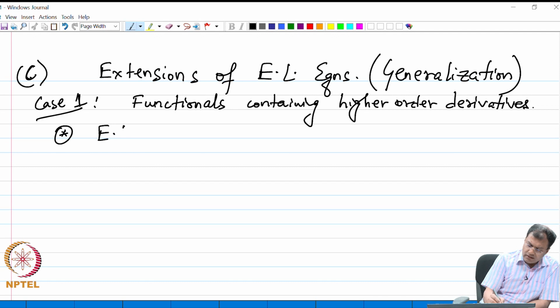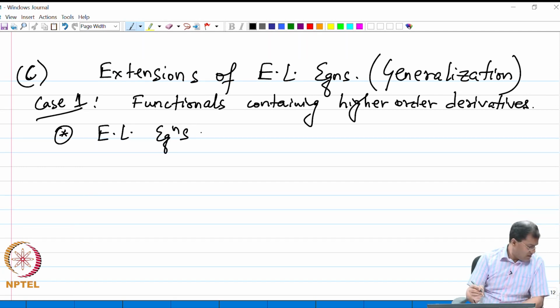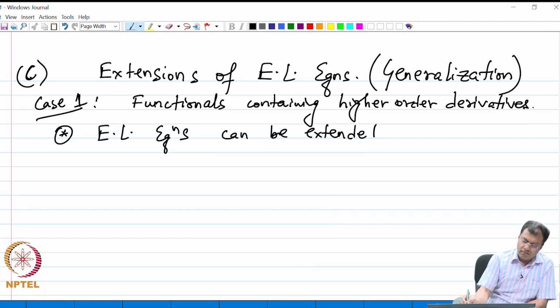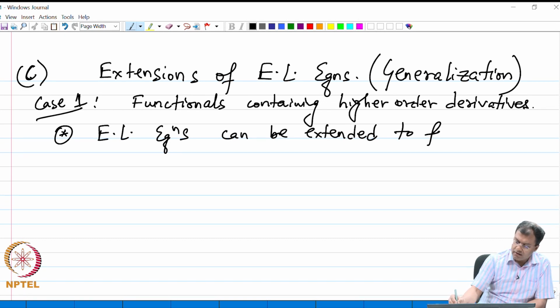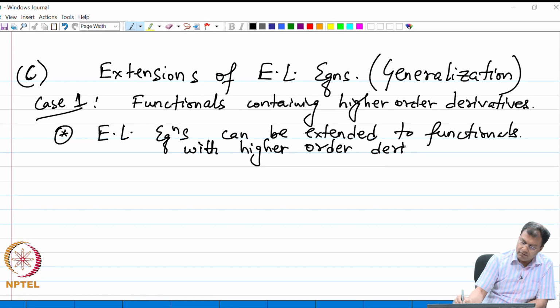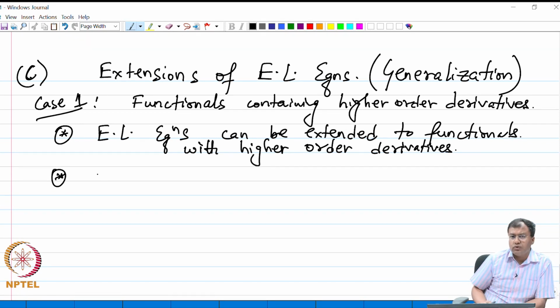So, Euler-Lagrange equations can be extended to functionals with higher order derivatives. And further, the other issue that we have to consider is that the moment we are considering higher order derivatives, our function space will be restricted.